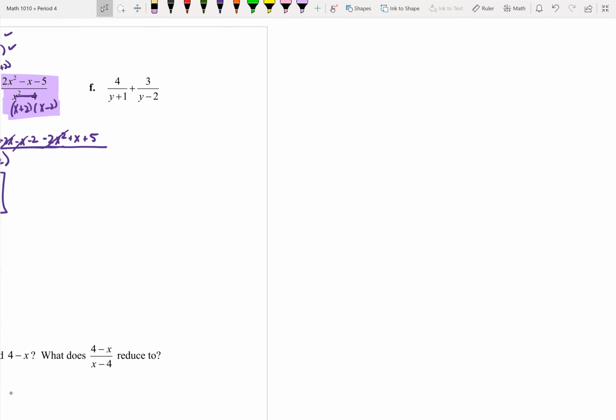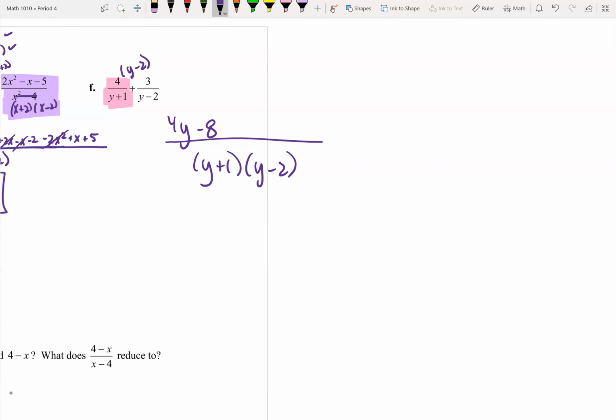Okay, all right. Common denominator, put them together: (y plus 1)(y minus 2). This one right here has the y plus 1 and is missing the y minus 2. Distribute, and you have 4y minus 8. This one has the y minus 2 and is missing the y plus 1.